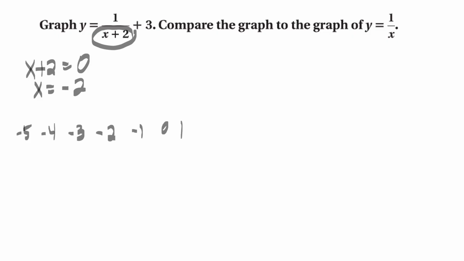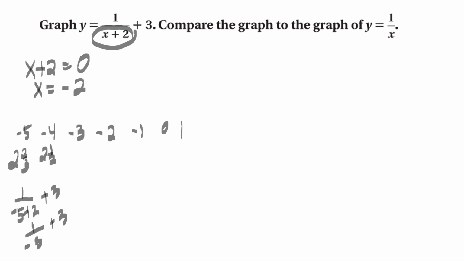Okay, so if I'm plugging in -5, I would have 1 over -5 plus 2 plus 3. So I would have 1 over -3 plus 3. So this would be 2 and 2/3. I'm going to do the same thing here. I'm going to continue to create my table of values. And if I plug in this, I would have 2.5.